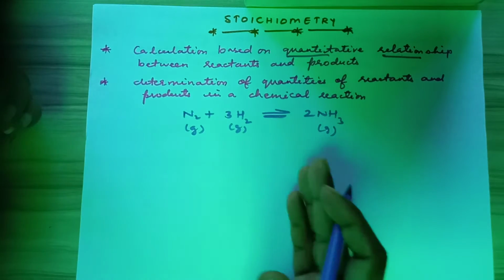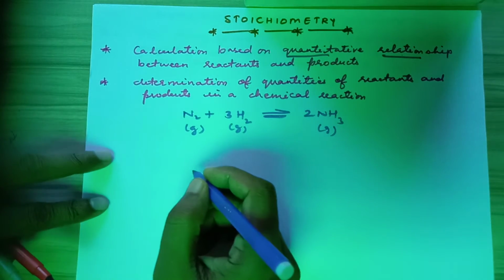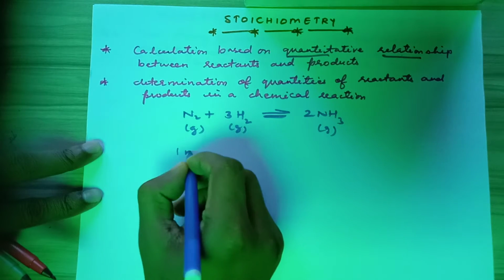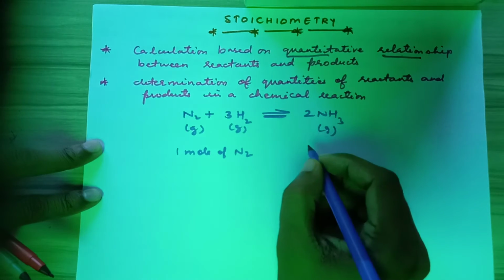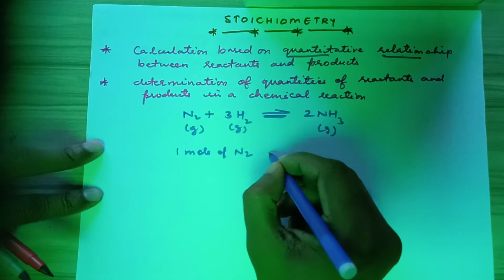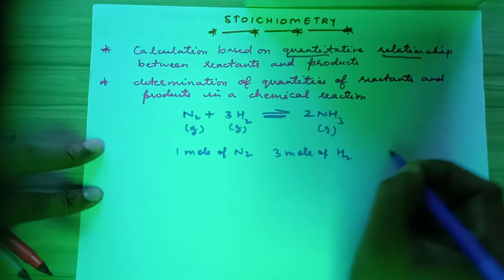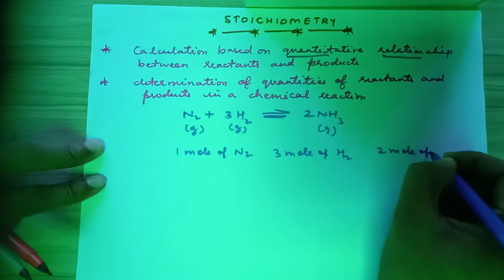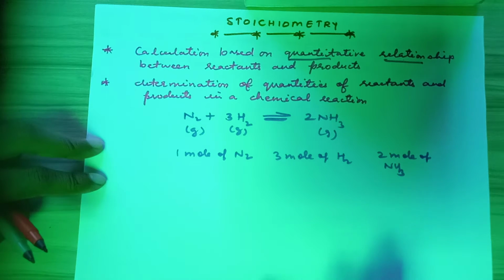So from the given equation we can say that the information contained in it will be that 1 mole of N2 reacts with 3 mole of H2 to give 2 mole of NH3. So this is the general form of the given equation.